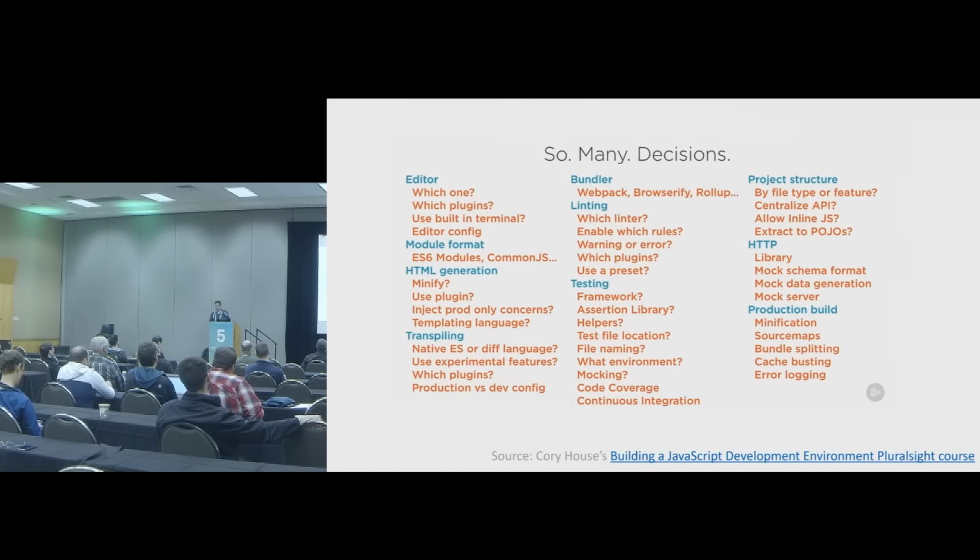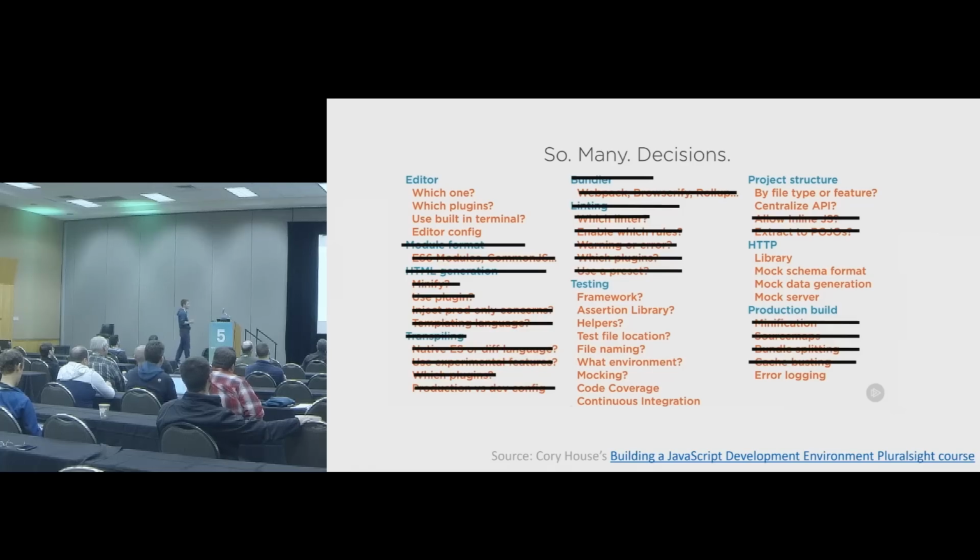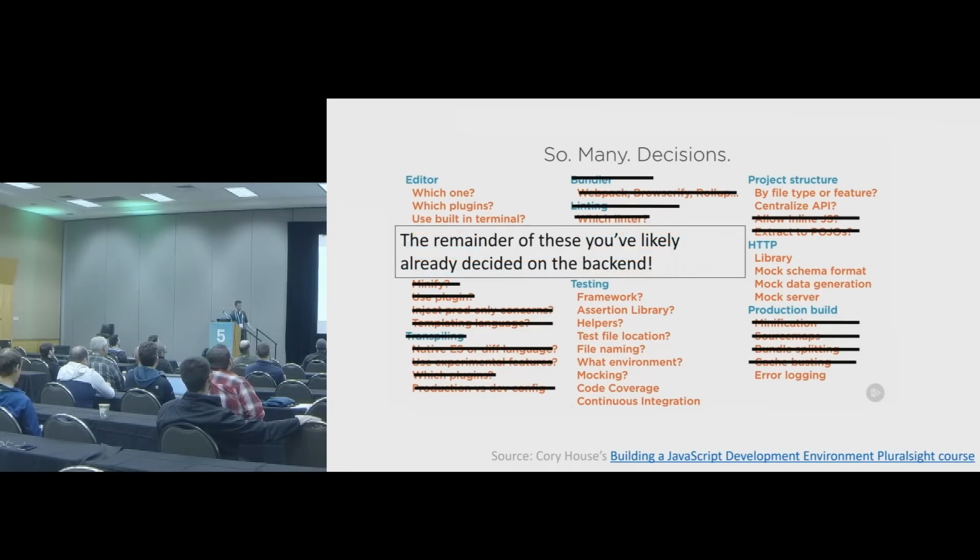So if we call back to Corey House's decision tree that you have to make when you make a JavaScript application, it turns out when you use Blazor, a lot of these just kind of fade away because they're just not applicable. And the remainder of these that are left, you've probably already made on the back end. Things like, what testing library are you using?